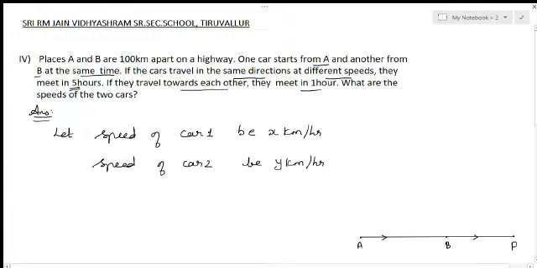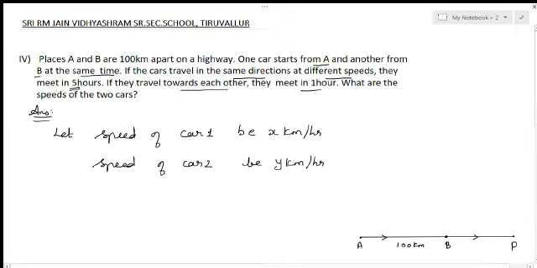So you can see a diagram on the side. A and B are the two places on the highway. The distance between them is 100 kilometers. One car starts from A and another car starts from B at the same time.